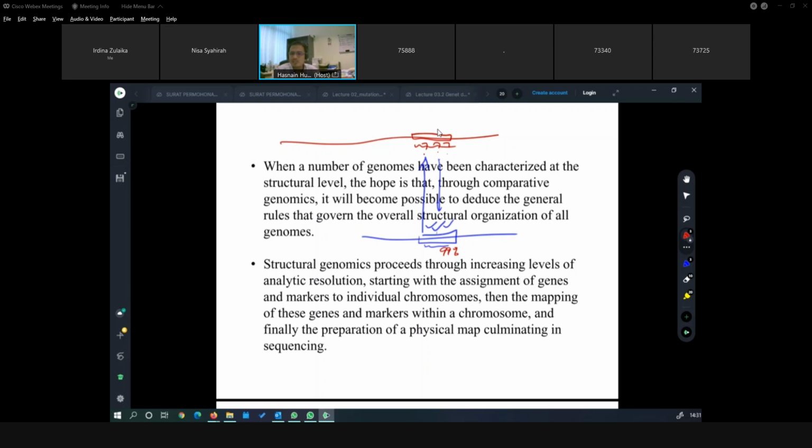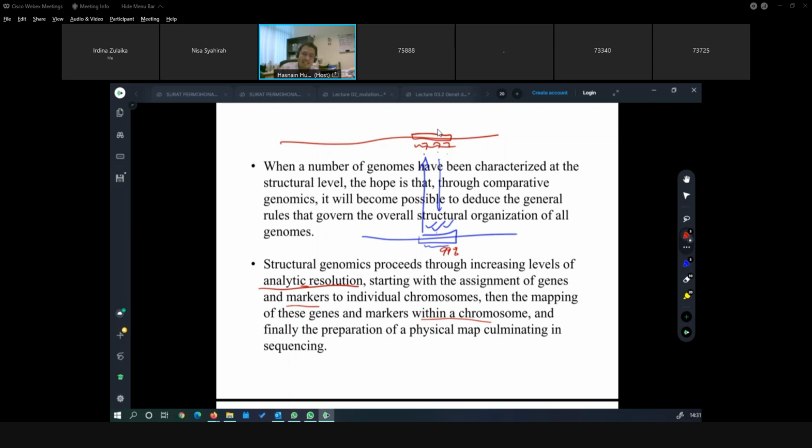So structural genomics proceeds through increasing levels of analytic resolution, starting with the assignment of genes and markers into the individual chromosomes, and then mapping these genes and markers within a chromosome. And finally, preparation of a physical map, culminating in the sequencing.